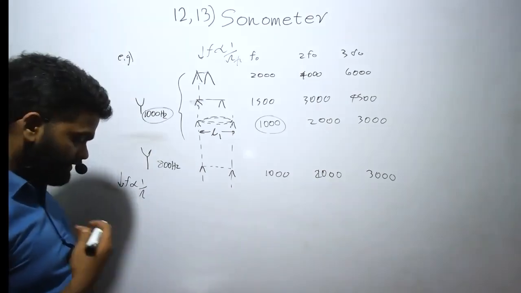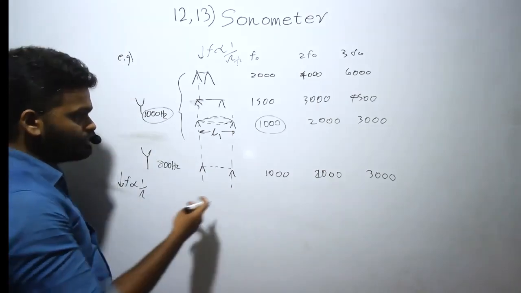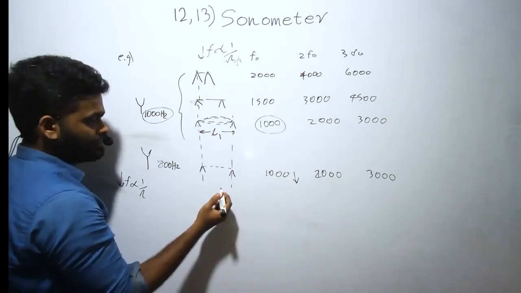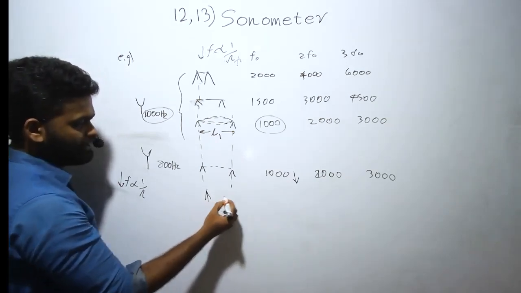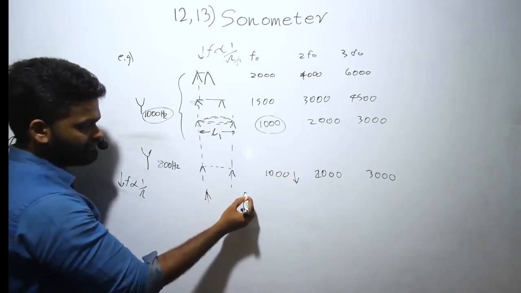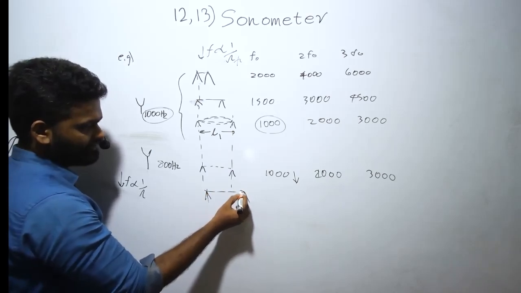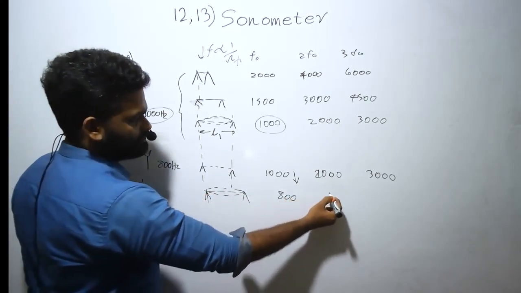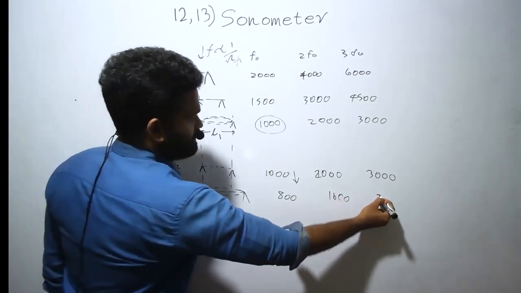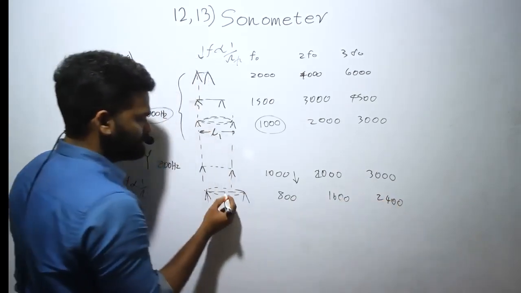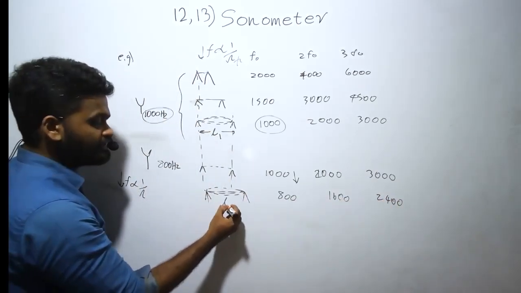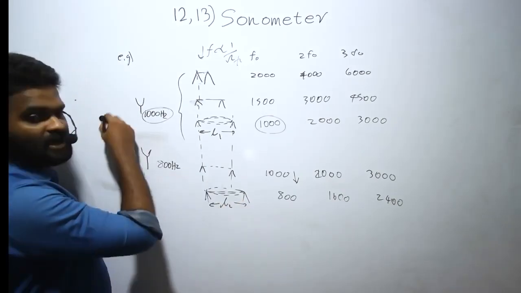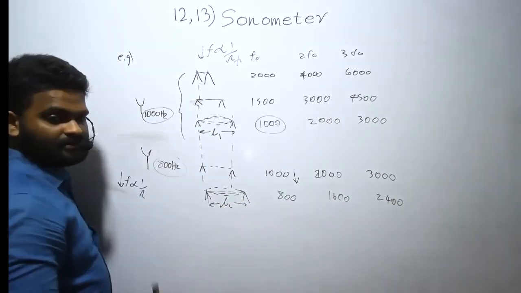So for resonation to happen, you have to lower this value to 800 hertz. You can do that by increasing the length. Then the resonation, let's say, occurs now at 800, 1600, 2400. So this is the second resonating length, L2. Then you mark that and the 800.